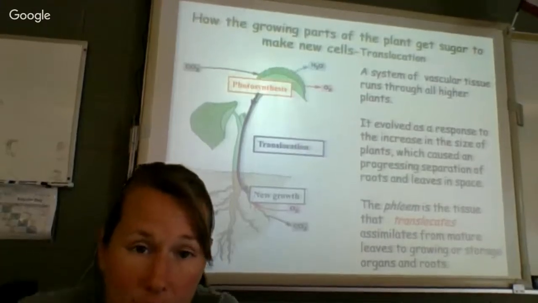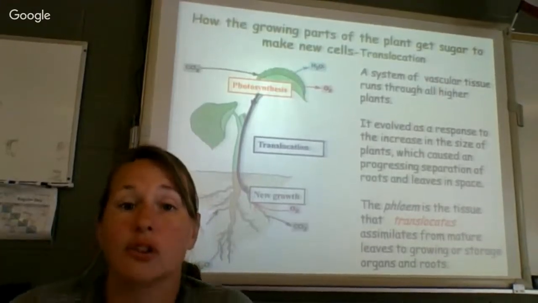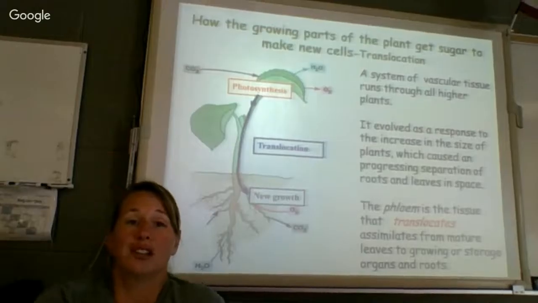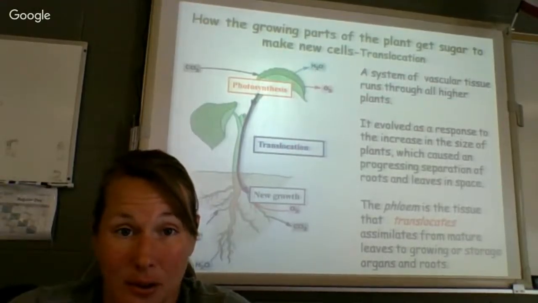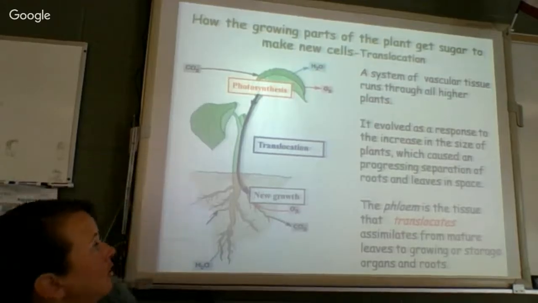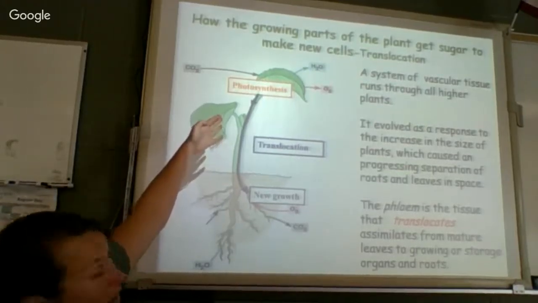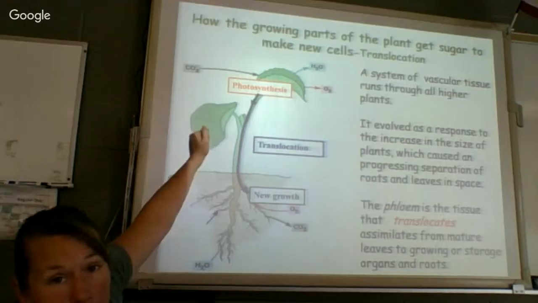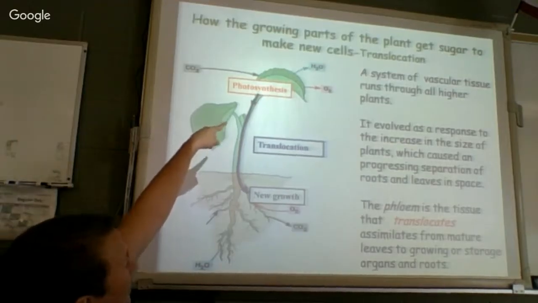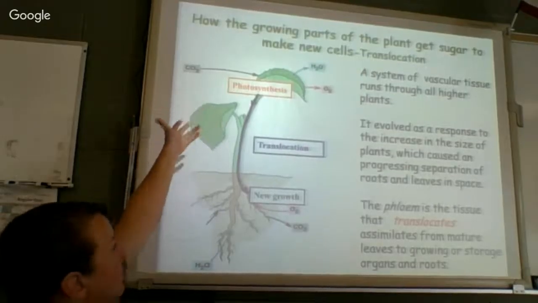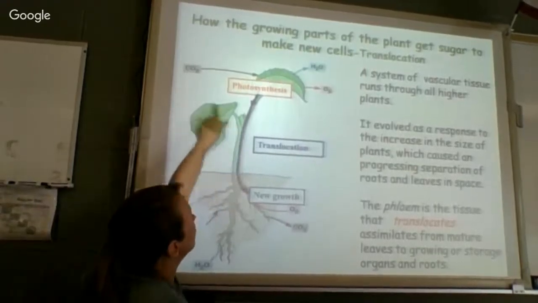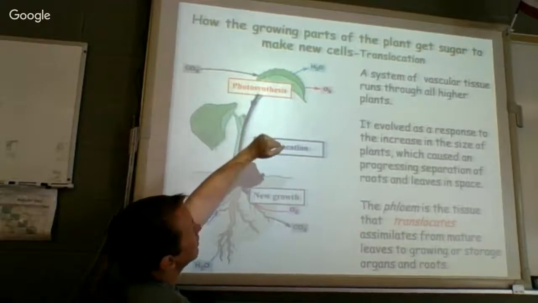The next topic we're going to talk about is translocation. Translocation is moving things within the plant. You have a picture on this. Photosynthesis happens where? Leaves, good. Any green part of the plant, if the stem is green, it has chloroplasts and can photosynthesize. So all of this is photosynthesis happening during the day.